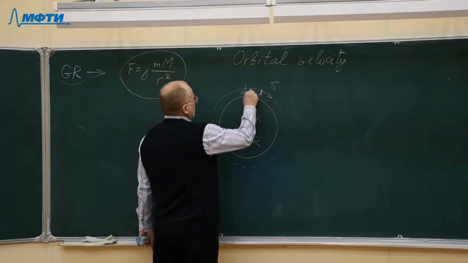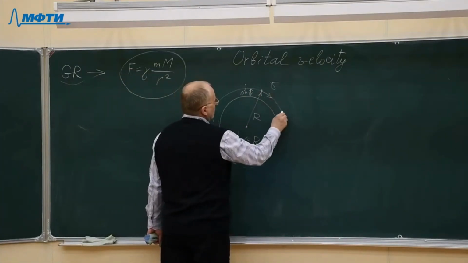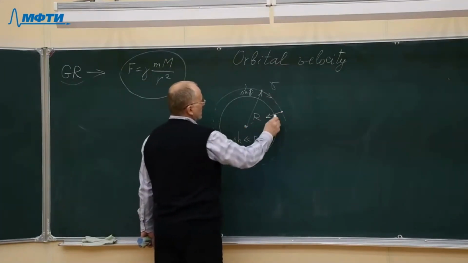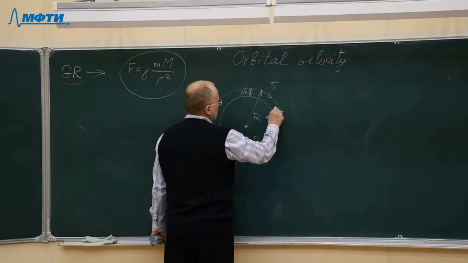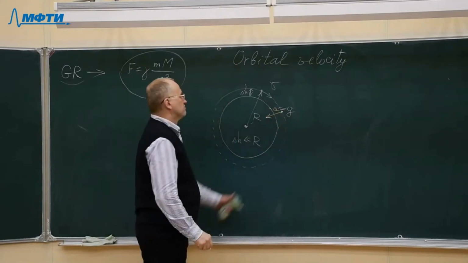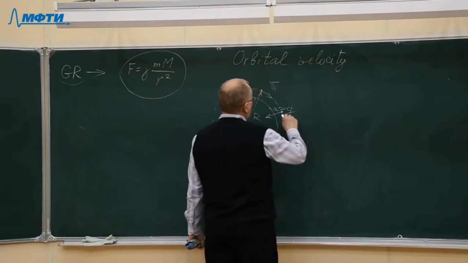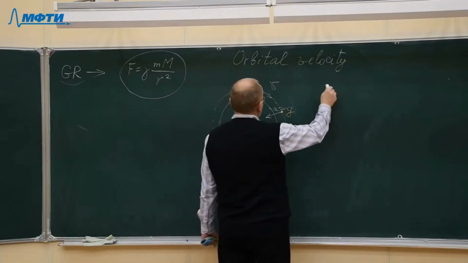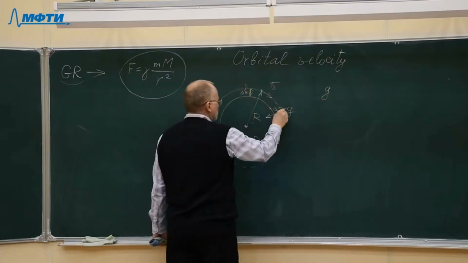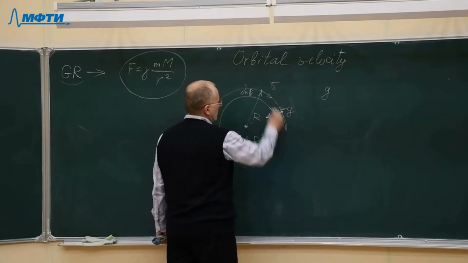If this delta h is small, then the moving satellite will have centripetal acceleration, directed to the center of our planet, that will be almost equal to the acceleration of free fall on the surface of our planet. Almost the same. So we can assume that the acceleration of free fall equals the centripetal acceleration of the satellite that moves along the circular orbit.